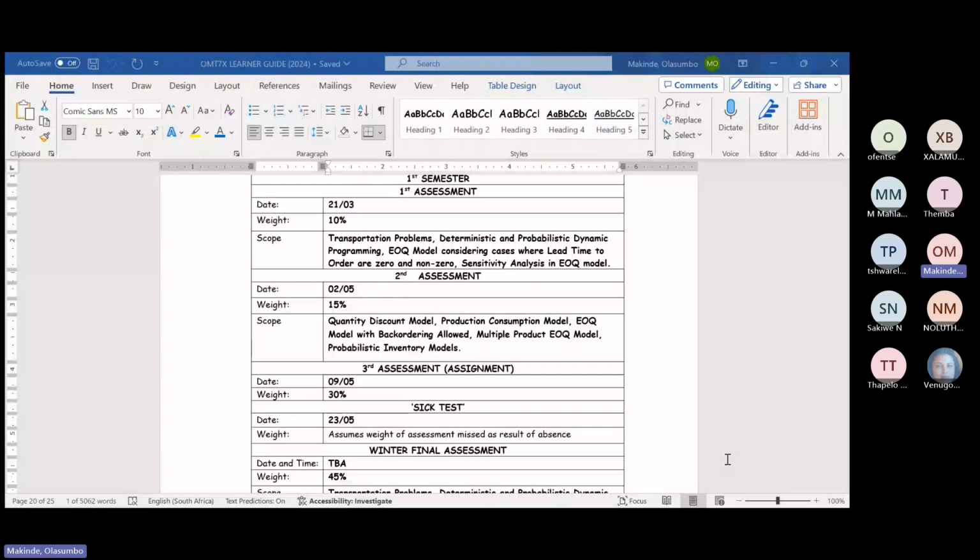I hope you can see what I'm typing on the chat. Then topic number 3, we are going to look at probabilistic dynamic programming.